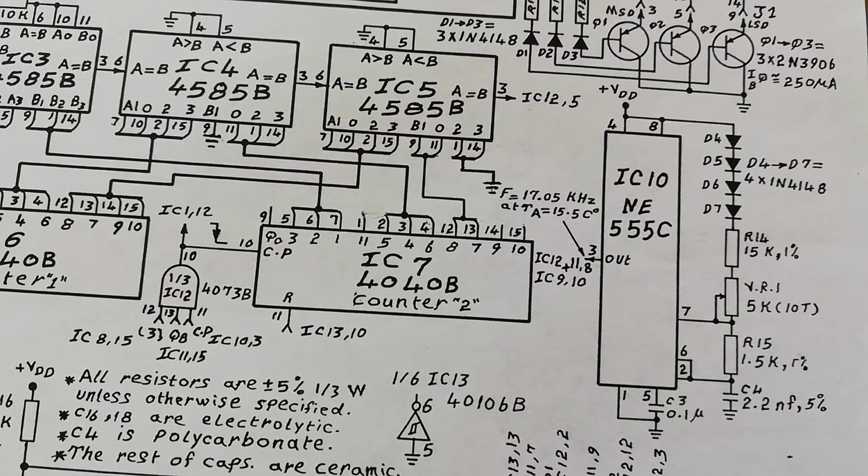Okay, so generally the speed of sound at 15 degrees centigrade is 340.4 meters per second.